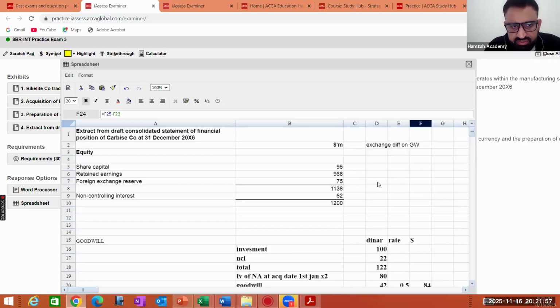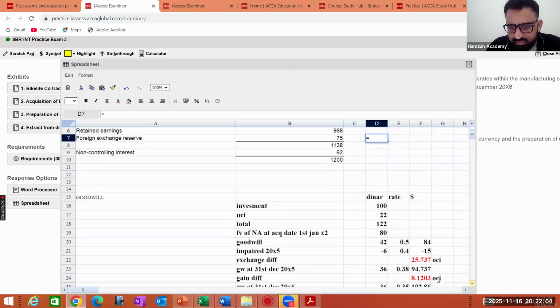From now, 80% of this will be reported in Forex reserve and 20% of this would be reported to NCI.